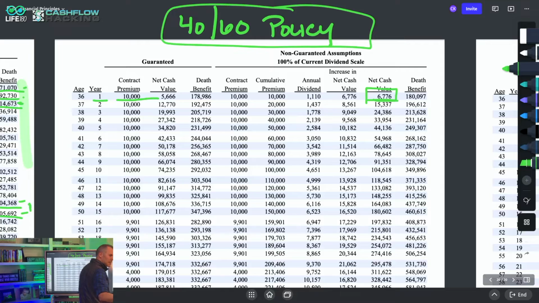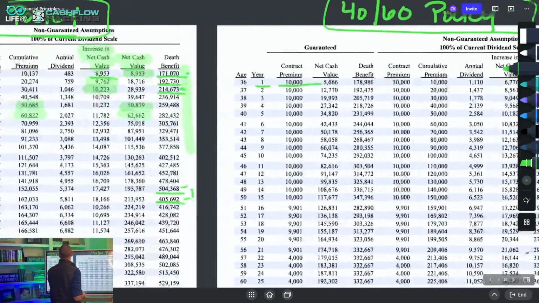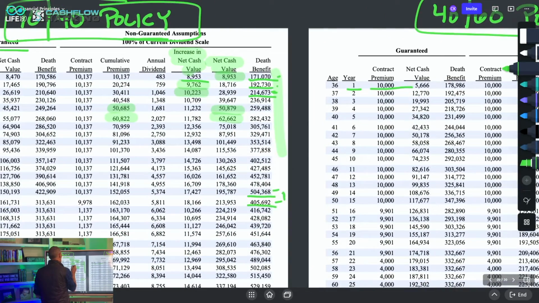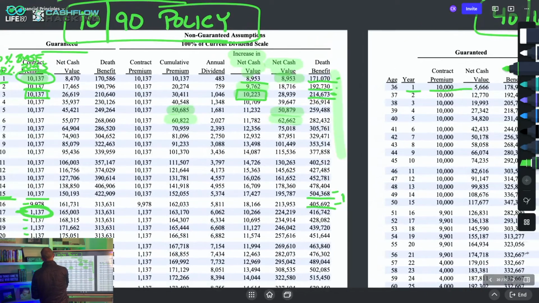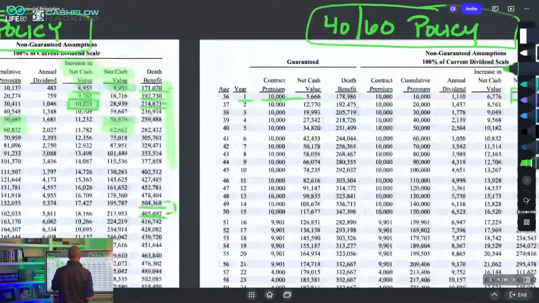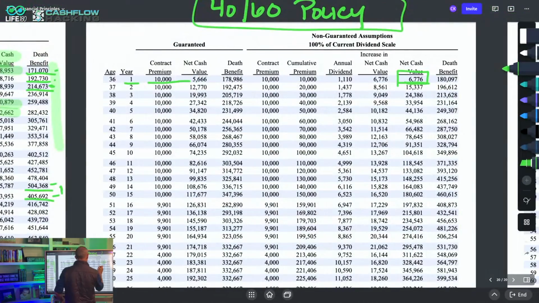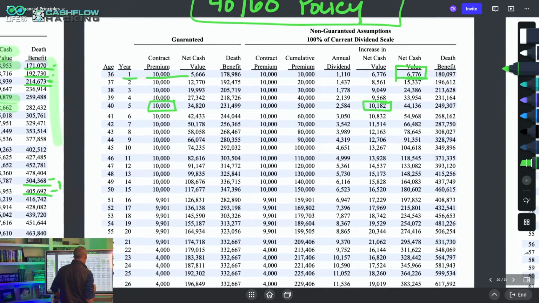And you can see here, whereas on the 1090 policy year 3 is where the increase in net cash value was greater than what we're contributing in premium, it's not till year 5 that the increase in net cash value is higher than the premium. That's a big indicator that I look for.